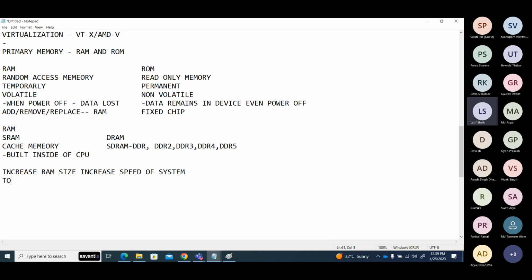But to increase the RAM size, or to change or replace RAM, it depends upon CPU and motherboard support.